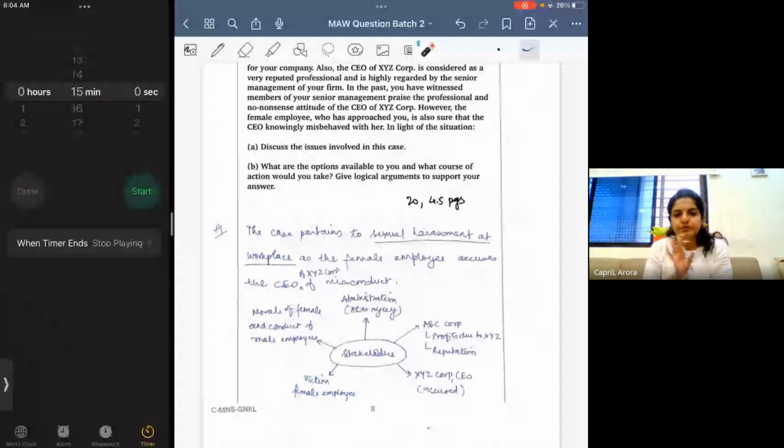Writing 4 pages wasn't a problem, right? It wouldn't be a ground for cutting marks, but when you write all of the pages, it compels the examiner to give you more marks.